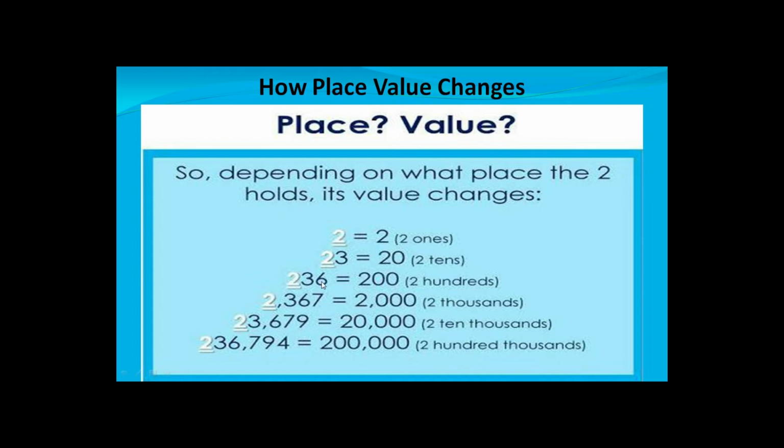So 6 is over here. At this place there was 3, now 3 moves, and similarly 2 also moves, and there will be 6, 3 and 2. Here the place value of 2 becomes hundreds from tens place.